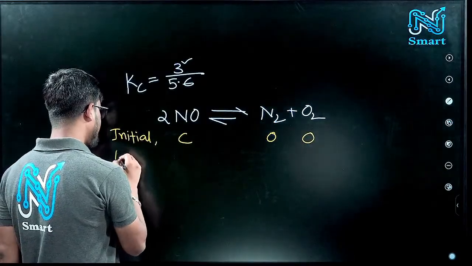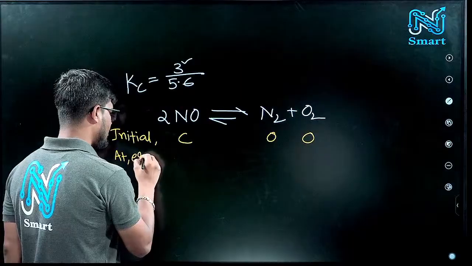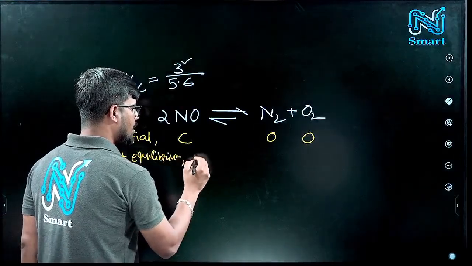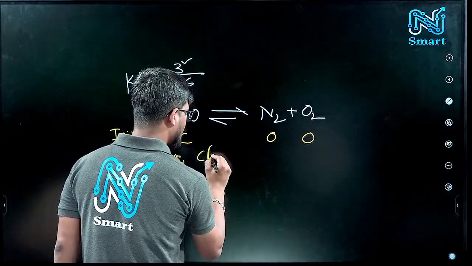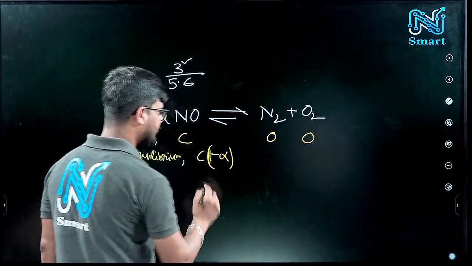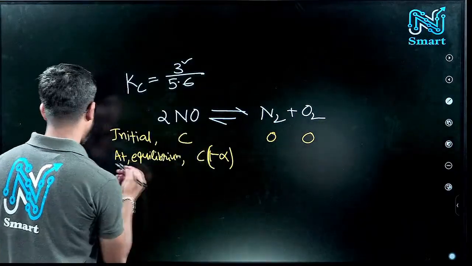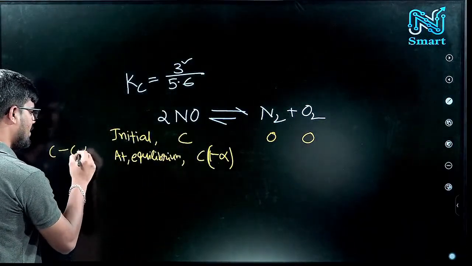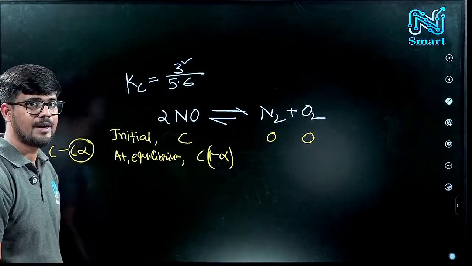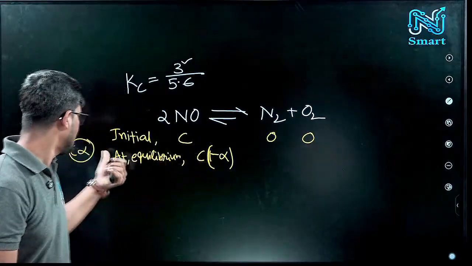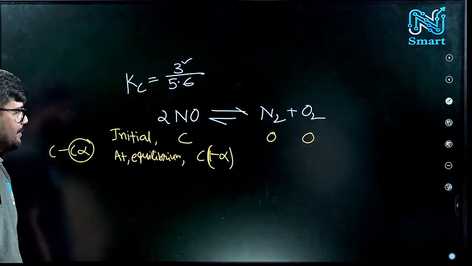Next, at equilibrium, C into 1 minus alpha, where alpha is the degree of dissociation. So C minus C alpha, so C alpha will be degraded, right? C minus C alpha means C into 1 minus alpha.